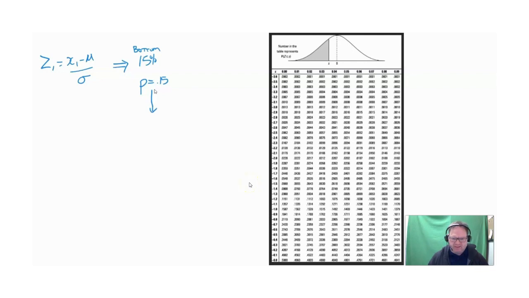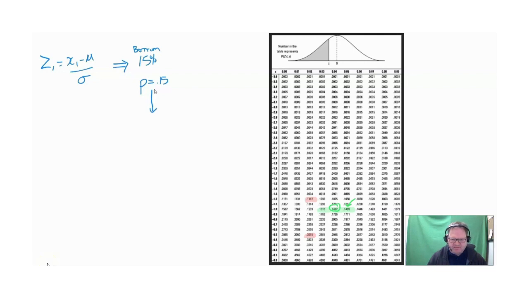If we look in the z table, we'll see that this value is 0.1112. This is 0.315. That's not right. When we look in the z table, these values are pretty close. 0.1469 is not as close as 0.1492.